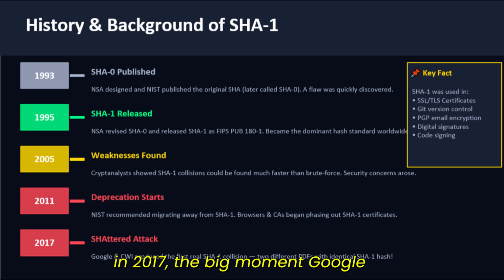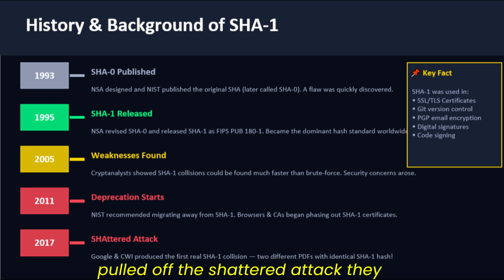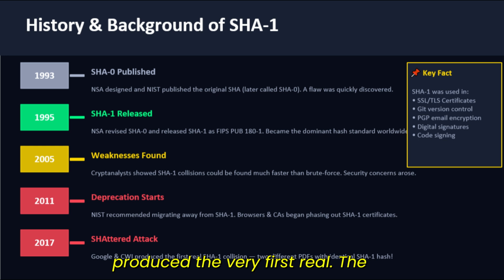And then in 2017, the big moment, Google and researchers from CWI in Amsterdam pulled off the SHAttered attack. They produced the very first real SHA-1 collision: 2 completely different PDF files that had the exact same SHA-1 hash. That was the final nail in the coffin for SHA-1 in security applications.